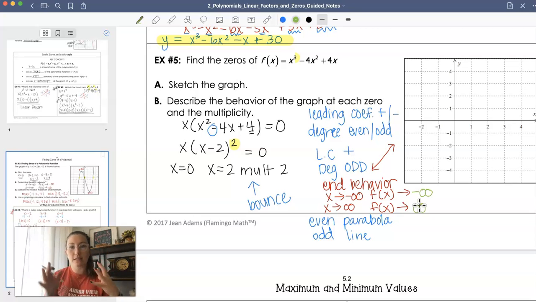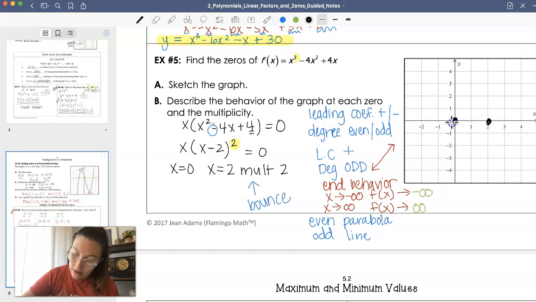With all of this information, we can sketch a graph. It's not going to be perfect, but we can sketch what the graph looks like. These zeros we're going to plot on our graph. At x equals 0, there will be an x-intercept. At x equals 2, there will be an x-intercept. This side is going to be going down because of end behavior.